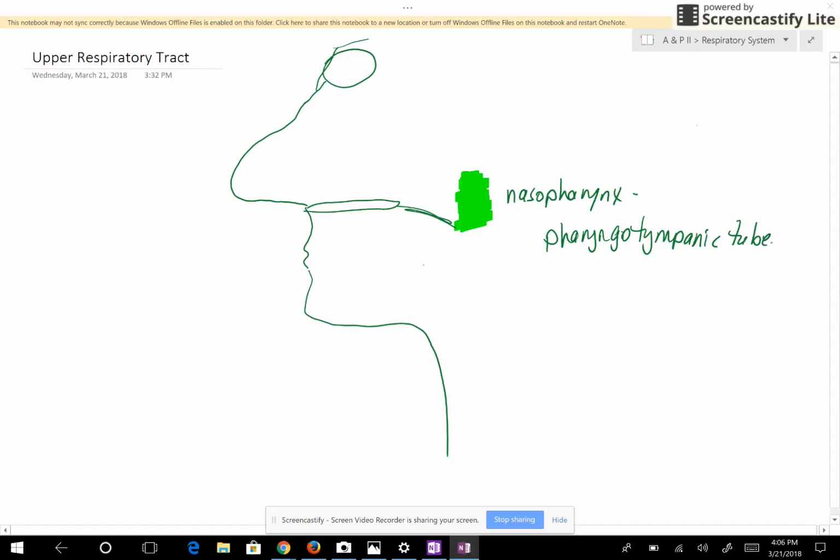Remember that the pharyngeotympanic tube is going to function in equalizing pressure. One end of it is here in the nasopharynx, and the other end is over here in the middle ear. What other structures are in the middle ear? We have your malleus, incus, and stapes, those little bones in the ear, if you remember those.